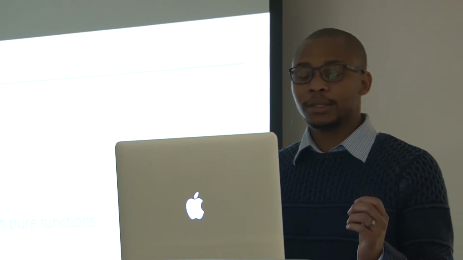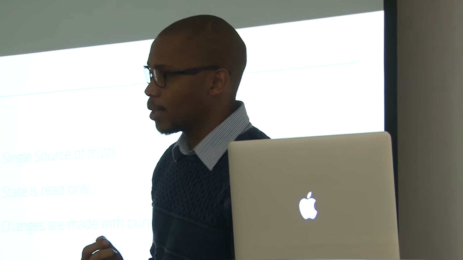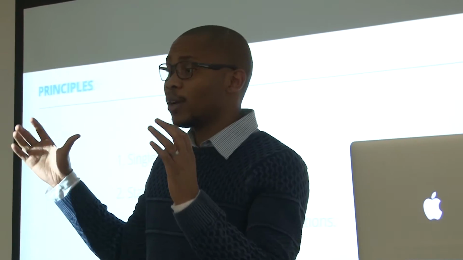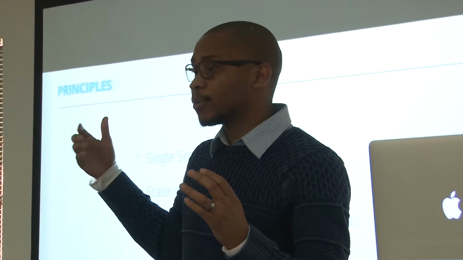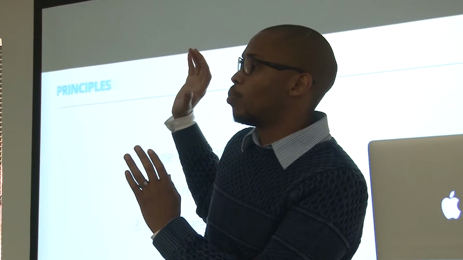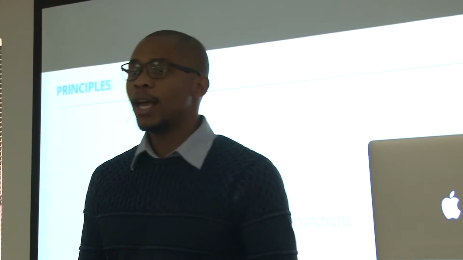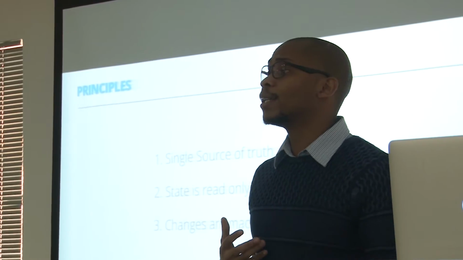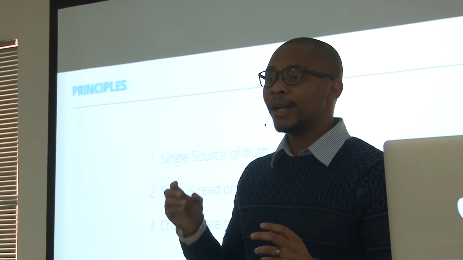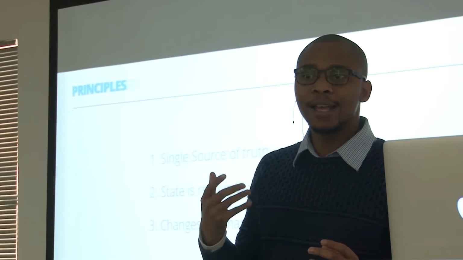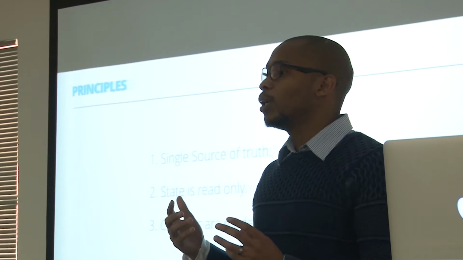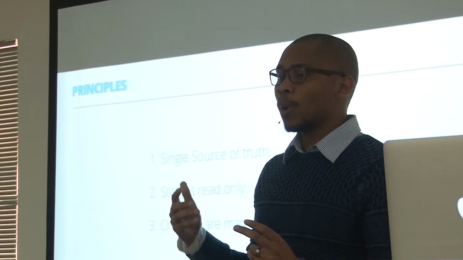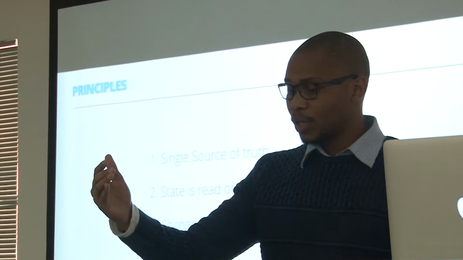And the third one is changes are made with pure functions. What this means is your pure functions, or sometimes called reducers, they take your previous state and give out a new state. So on a project I'm currently on, to ensure that the state is not directly changed, we use immutable JS to ensure that the only way to make state changes is by producing a new state.